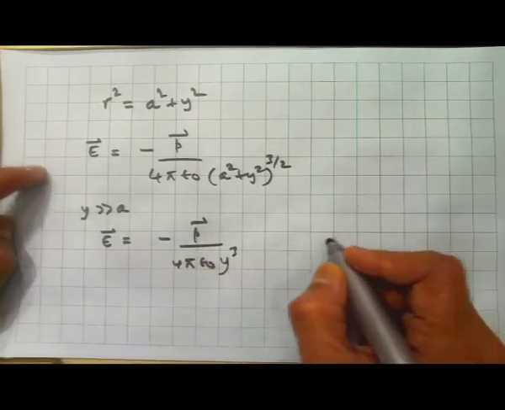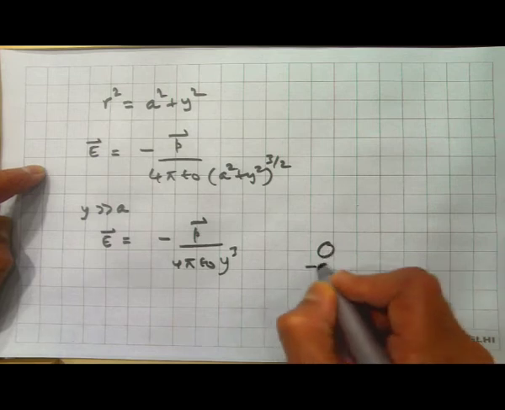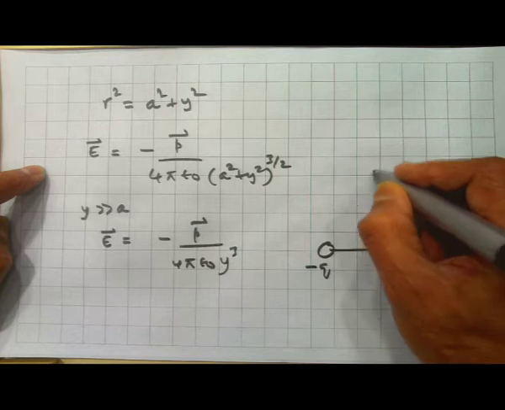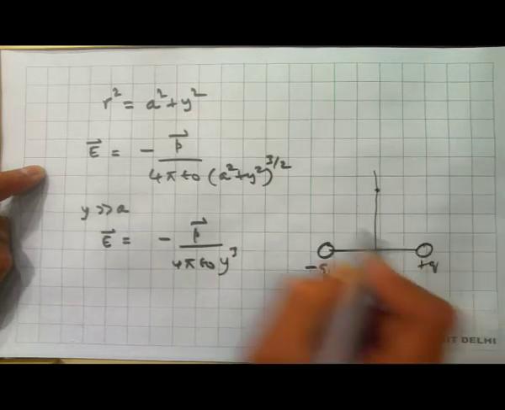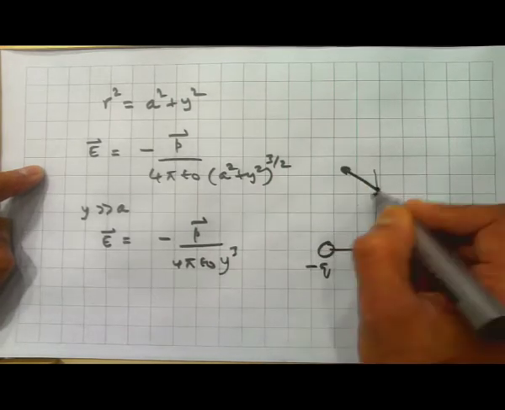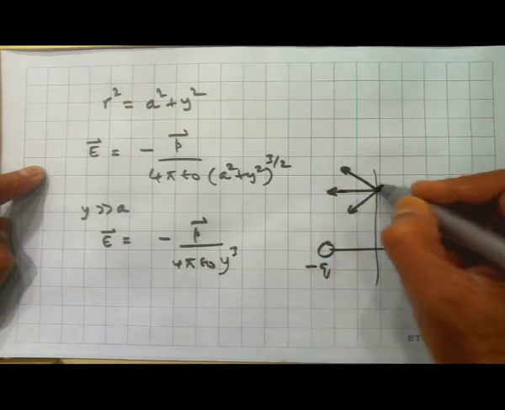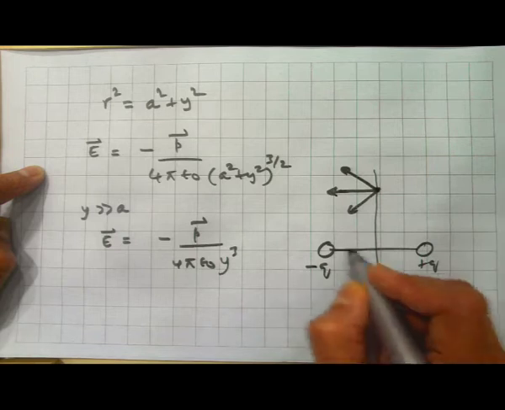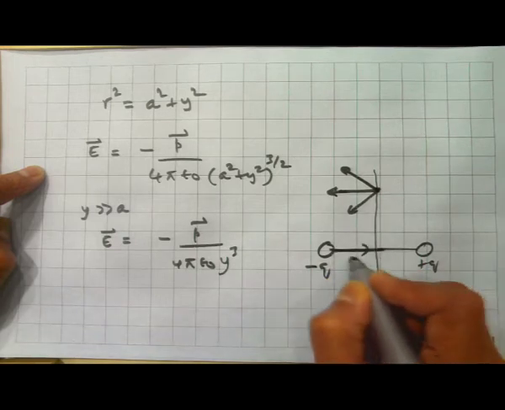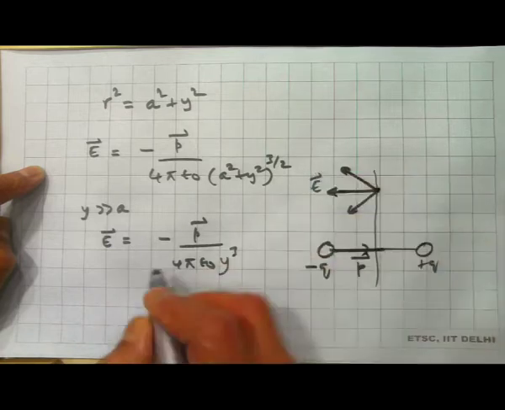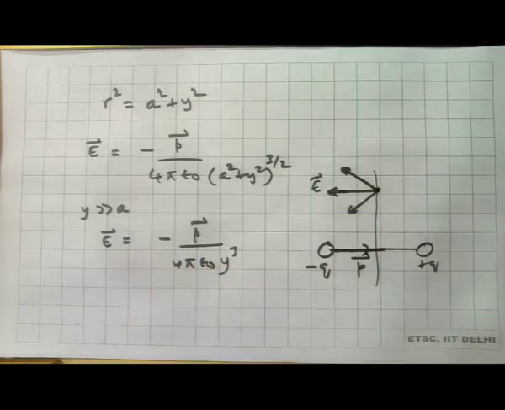This is also obvious from here, because if I plot the figure here now, minus q, plus q. So, on the equatorial plane somewhere here, this plus charge produces a field like this, the minus charge produces a field like this. So, the net field actually is in this direction. The y components cancel, x components add, and you know that p vector is like this, from minus to plus, and the electric field is like this in this direction. So, that is the minus p cap direction, minus p vector direction.